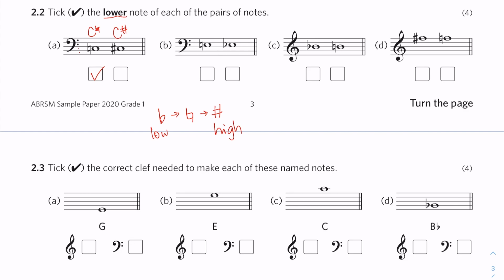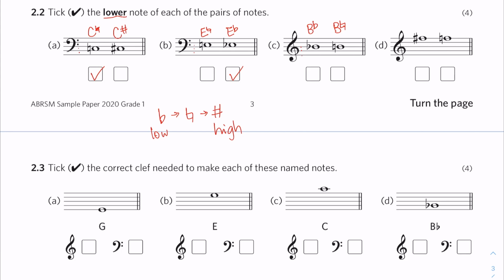Question B, I've got All Cows Eat, so this is E natural, and next to it I've got E flat. Is a flat lower or is a natural lower? The flat is lower, so the answer is E flat. Next, question C, treble clef, I've got Every Good Boy, so B flat and B natural.